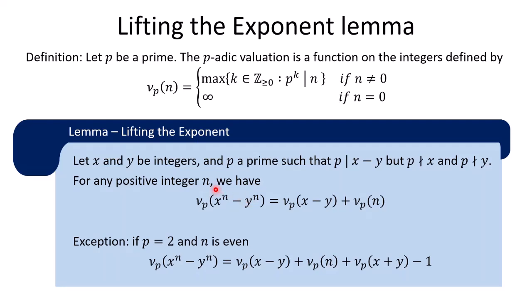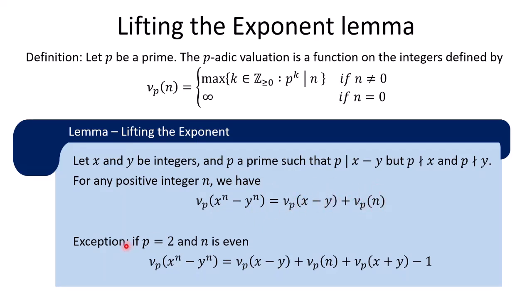Normally, x to the n and y to the n are big numbers, and it's very hard to tell what is the largest power of the prime that divides the difference. But with this lemma, this expression is equal to just v of x minus y plus v of n. x minus y is very easy to evaluate, and so is n. So the complicated expression is simplified into a sum of two simple numbers.